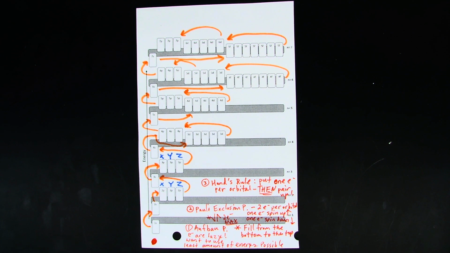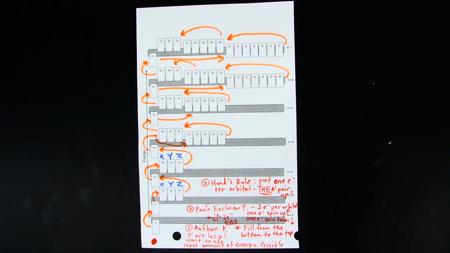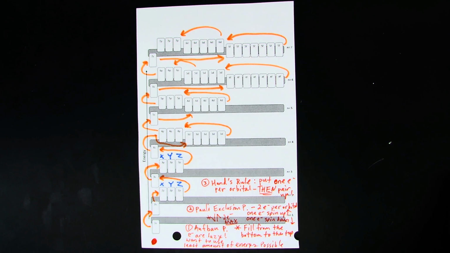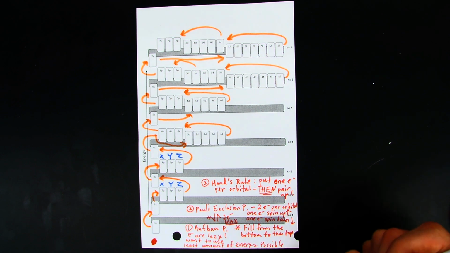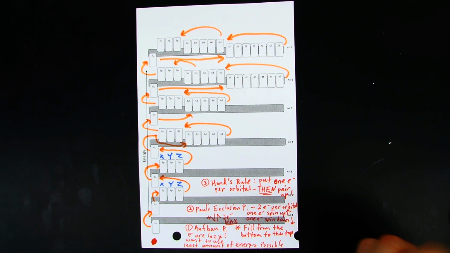So let's start with an example. Let's do fluorine. Let's write out the electron configuration for fluorine. We first need to know how many electrons fluorine has.